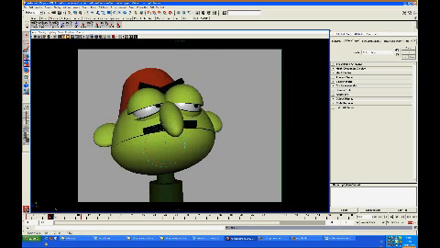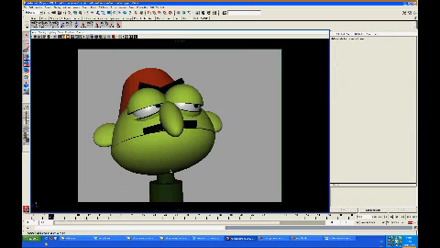Okay. And as you can see, first of all, I don't really care about the timing at the moment. I'm just designing these drawings, and I call them drawings because coming from 2D, it's very natural for me to work with defining moments.